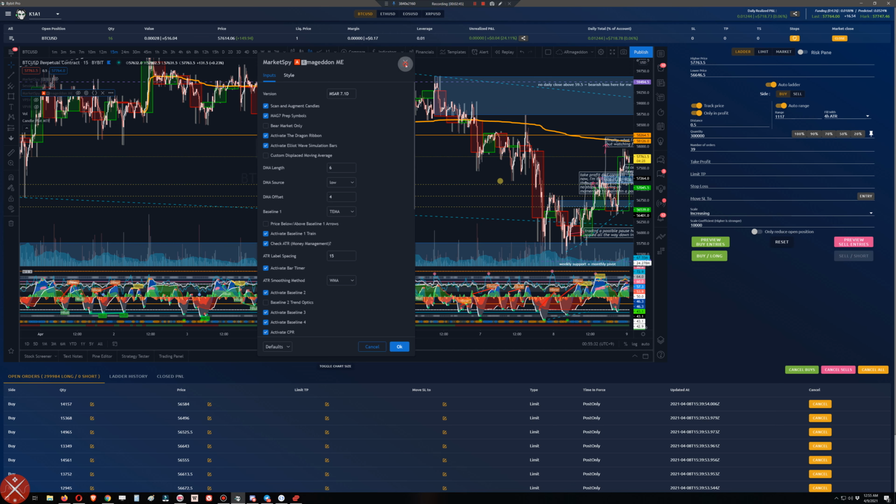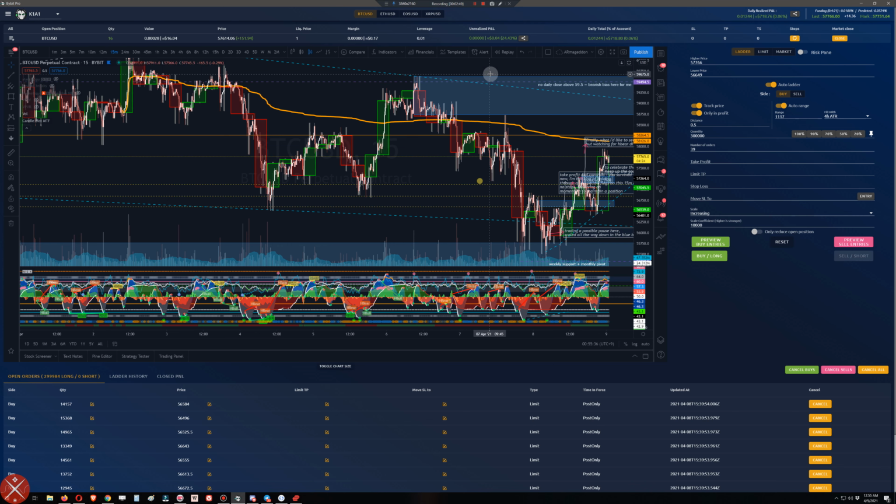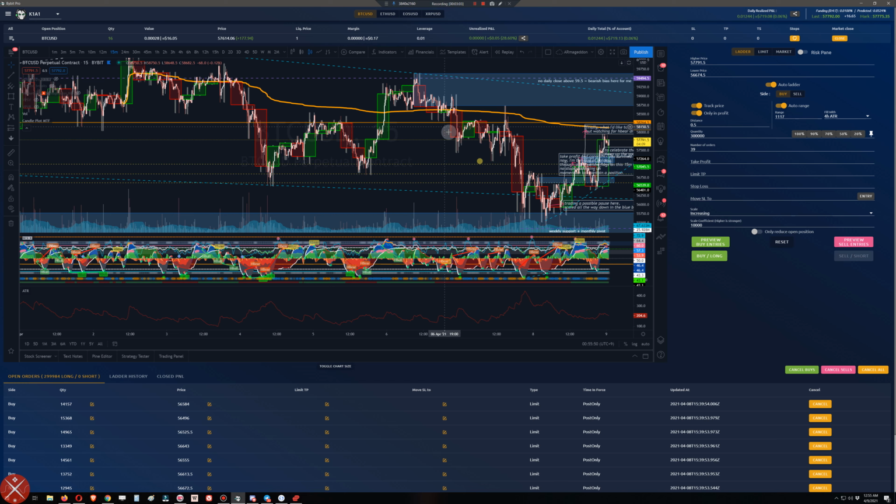The ATR will be shown on your MarketSpy, and also you can go to your indicators here and add Average True Range. This is what it looks like. What it looks like does not matter.